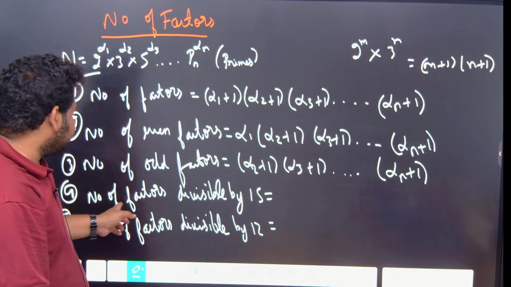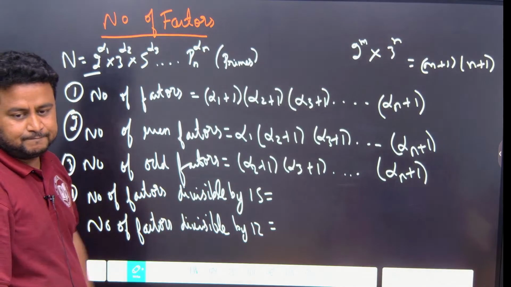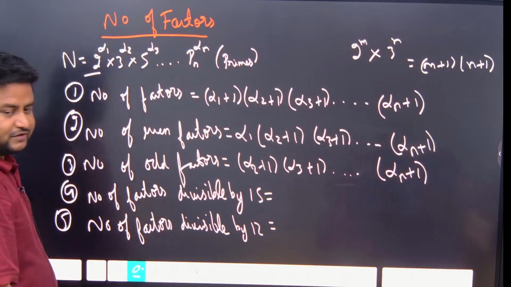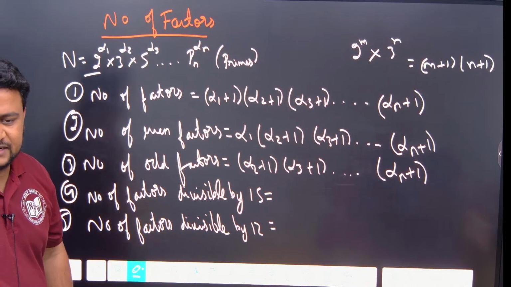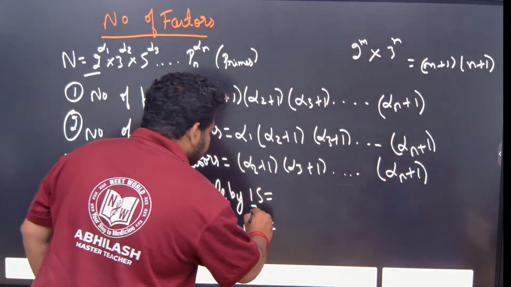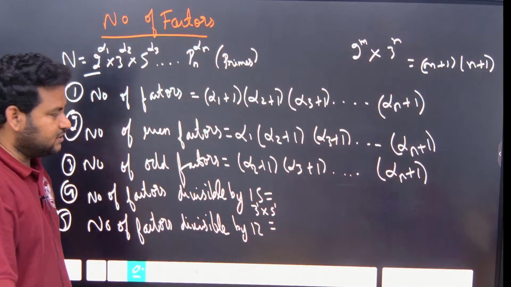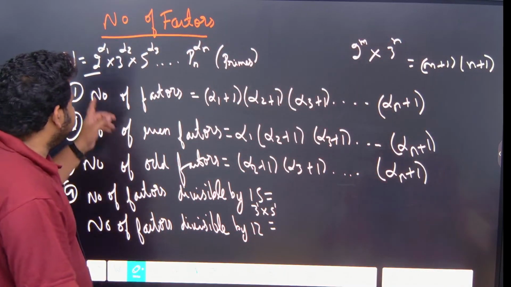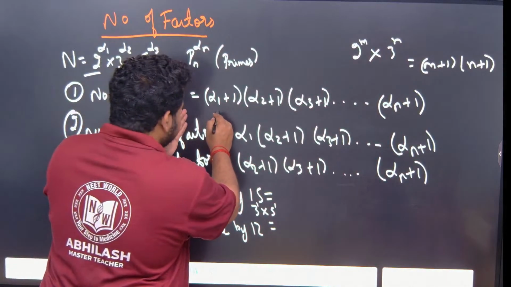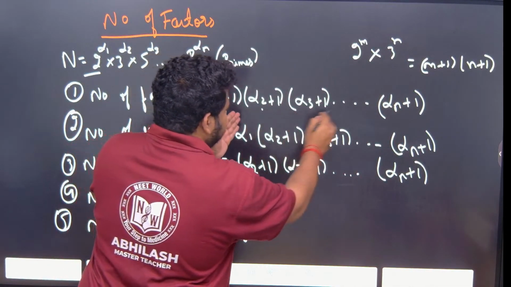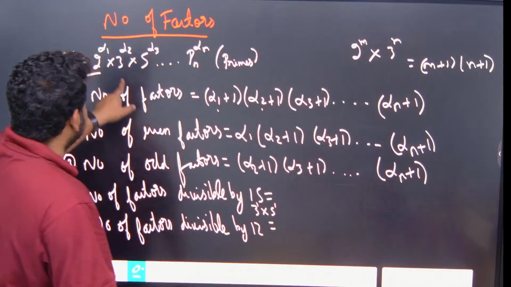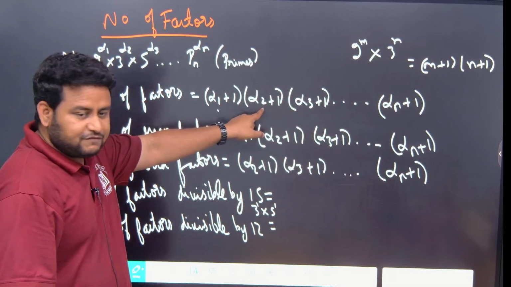Now they are asking the number of factors divisible by 15. 15 in terms of primes, how can we write it? 3 into 5, so 3 power 1, 5 power 1. Now we have alpha 1 plus 1, alpha 2 plus 1, alpha 3 plus 1, like that. For the power of 3 we have alpha 2 plus 1.